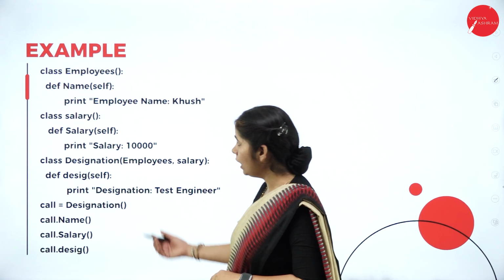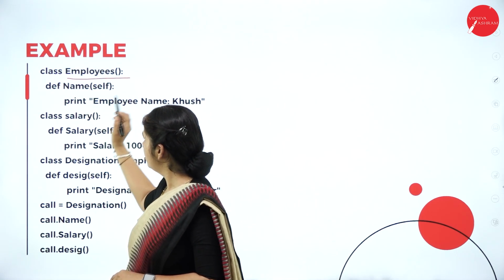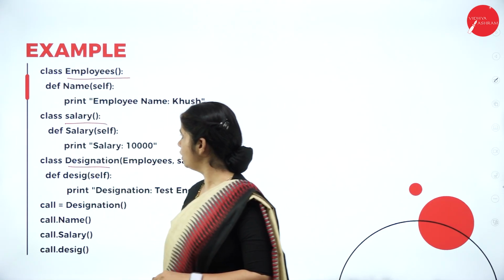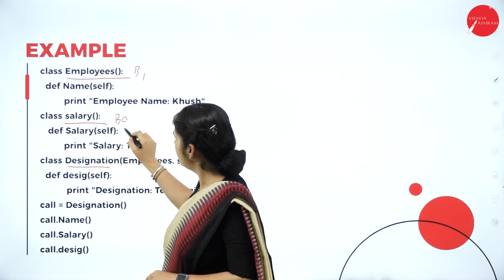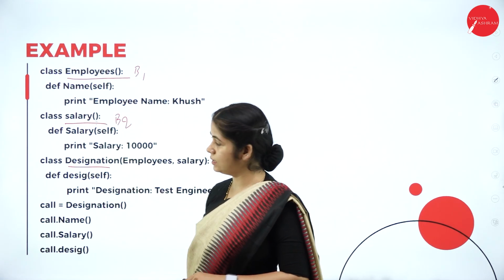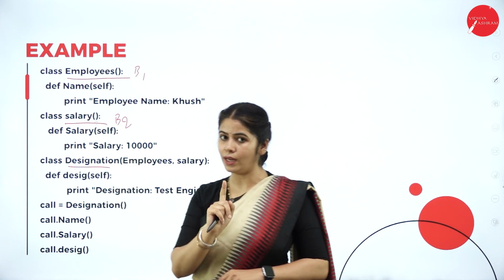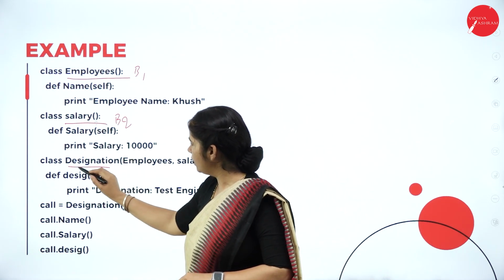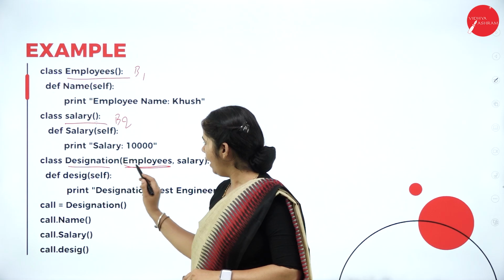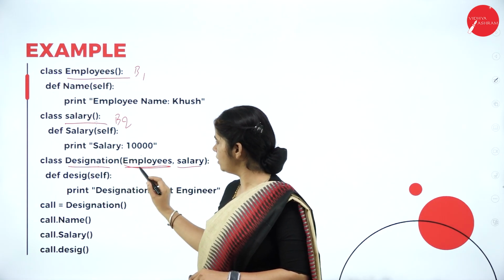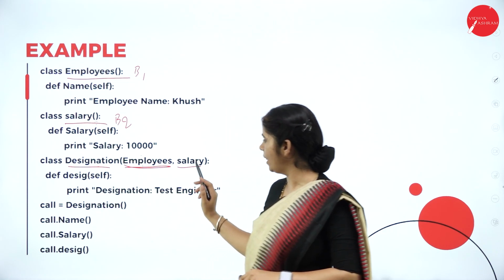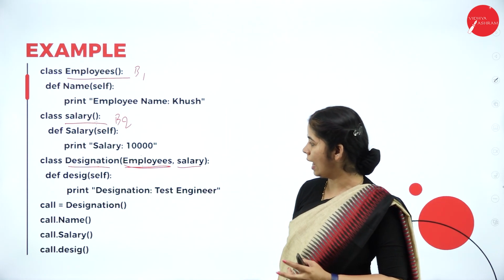Example, we have an employee class, we have a salary and a designation. These two are base class 1 and base class 2. These are not inherited classes, you can see the syntax. So when it comes to designation, employee is inherited from both the salary and designation classes.